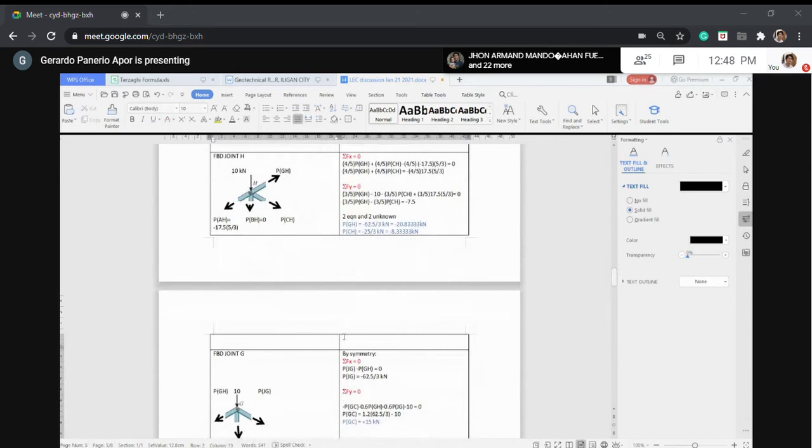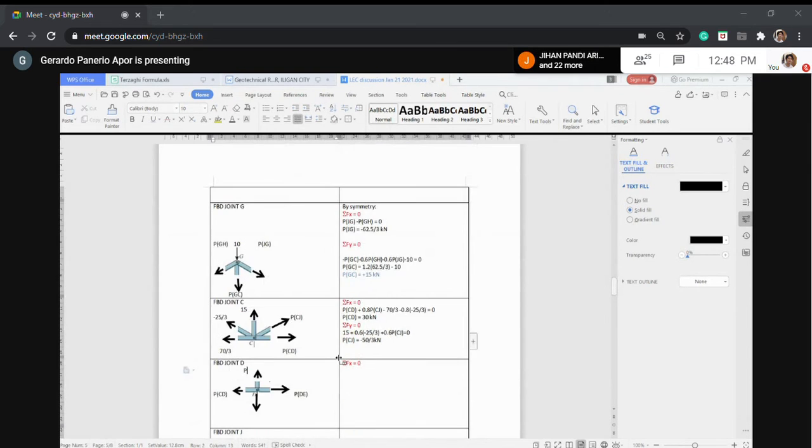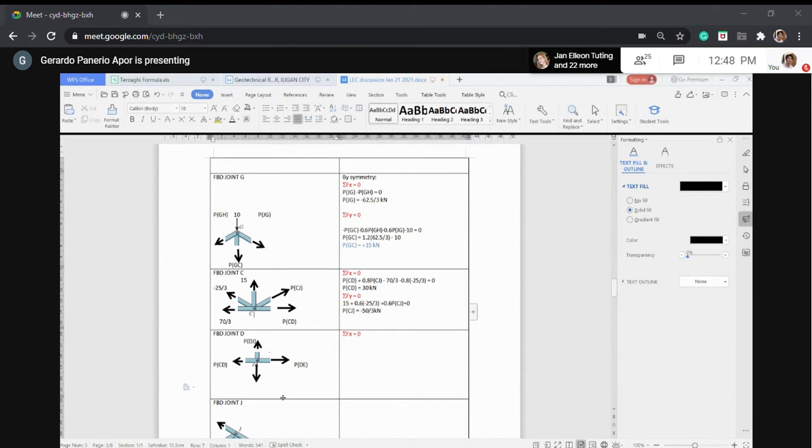No, DG. DG as in disc jockey. No? DJ. Then sa ubos, this is 20 PL. Okay, when you do summation of forces X, we have PDE minus PCD is equal to 0. But we know already PCD as positive 30, so PDE is also equal to 30 kilonewton.